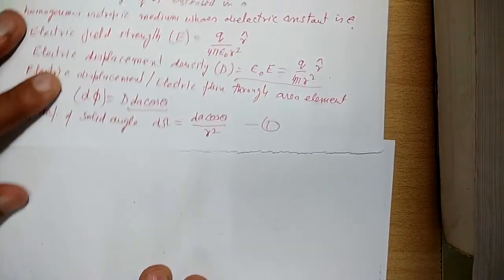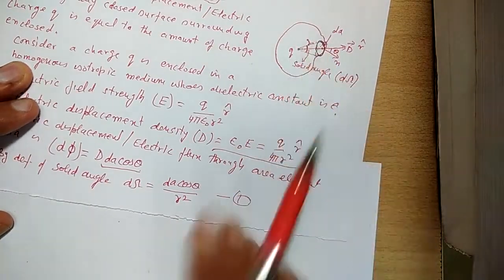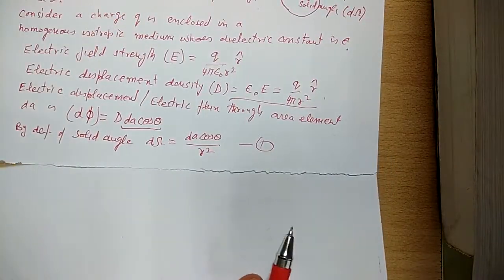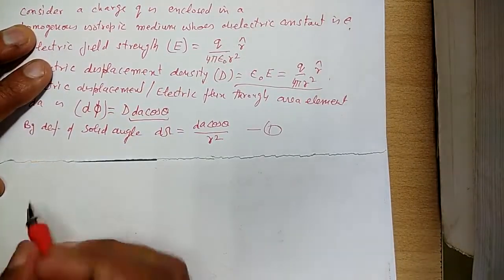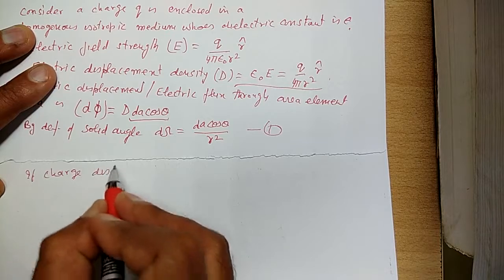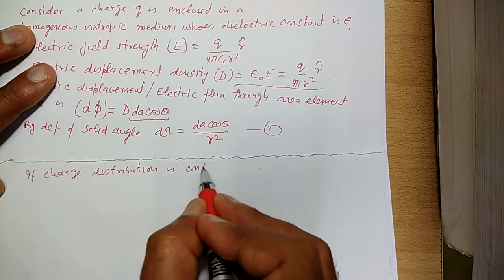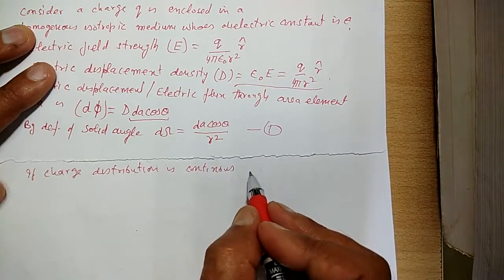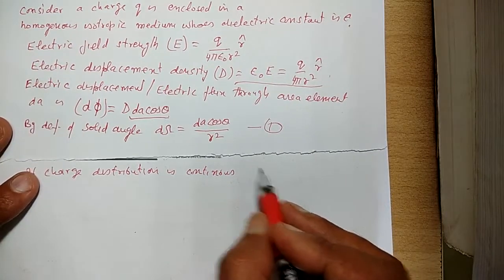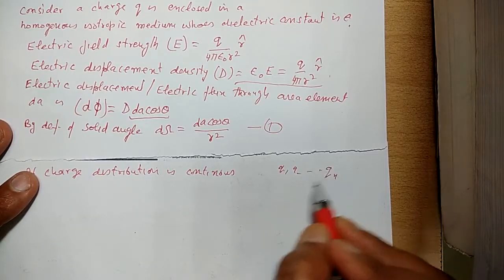And if, for example, charges are not discrete in this surface, or you can say the charge distribution is continuous. Now if charge distribution is continuous, then we can't distinguish between q1, q2, qn.